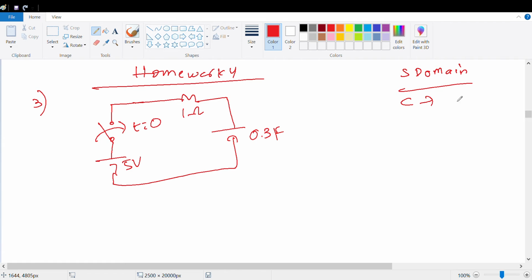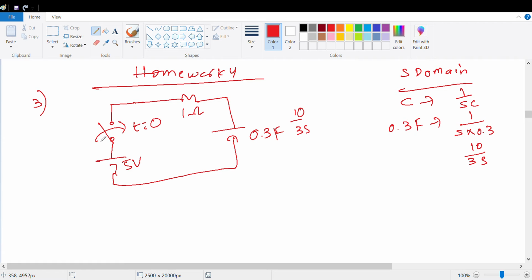For a capacitor, we have seen it's 1 by SC. So for 0.3 farads, it's 1 by S times 0.3, which is 10 by 3S.